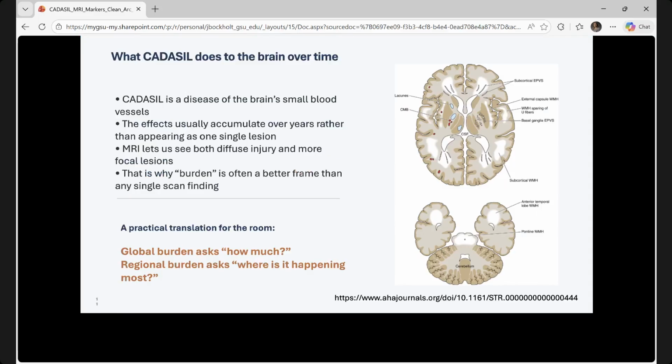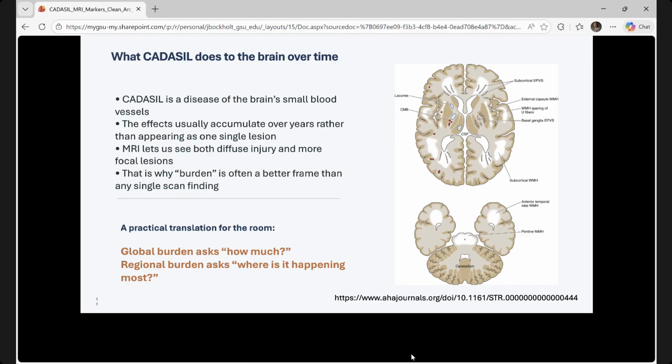On the right here, you see a cartoon of what each of the white matter anomalies or changes look like and where they're located. I'll go through each of these in detail, but the white matter lesions themselves can be found in the subcortical regions and cortical regions.